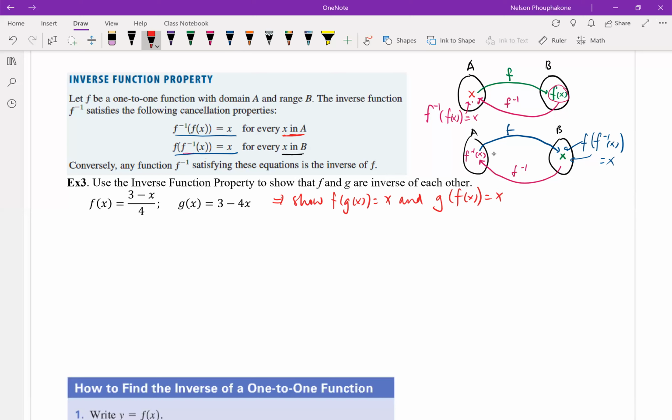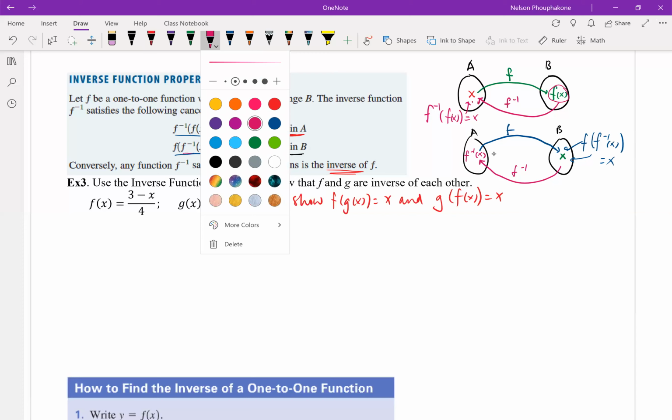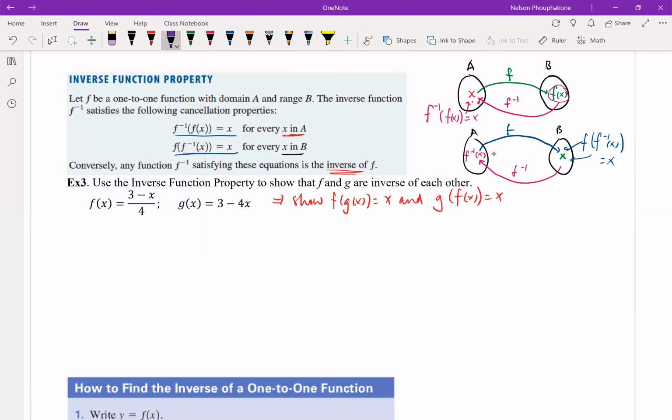If I could show both, it means f and g are inverses of each other. Again, remember how we work with function notation: f of x means f of the input is equal to 3 minus the input over 4, right? This is the idea.